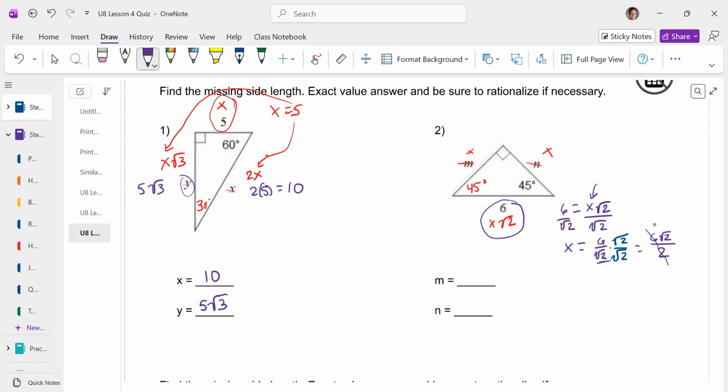Lastly, I can divide both these by 2. So I get 3 root 2 over 1, which essentially is x equals 3 root 2. I don't need to write the over 1. So that's x. Oh, hey, there's x up here. So this is 3 root 2 for my n side, and then 3 root 2 for my m side as well.